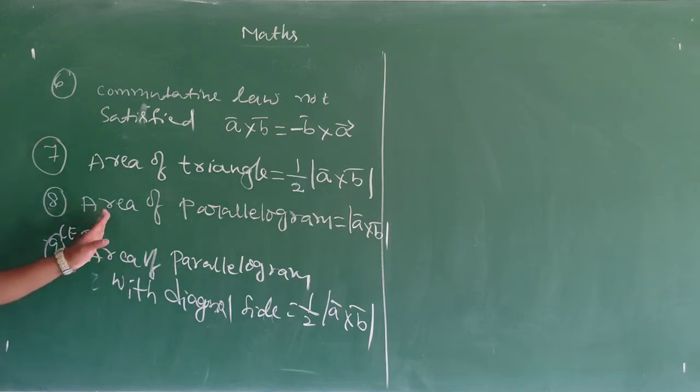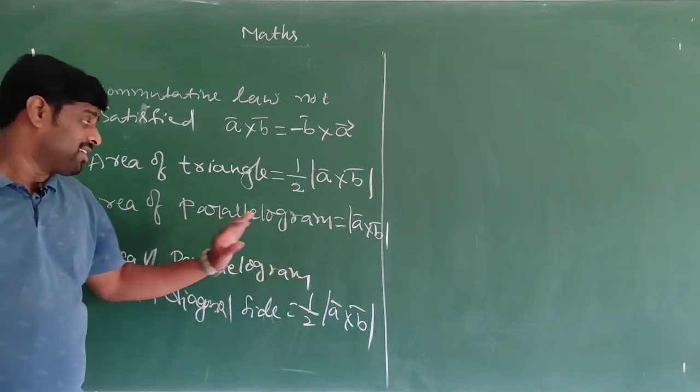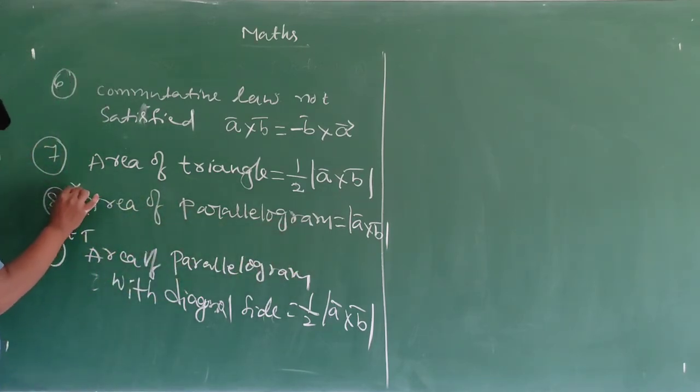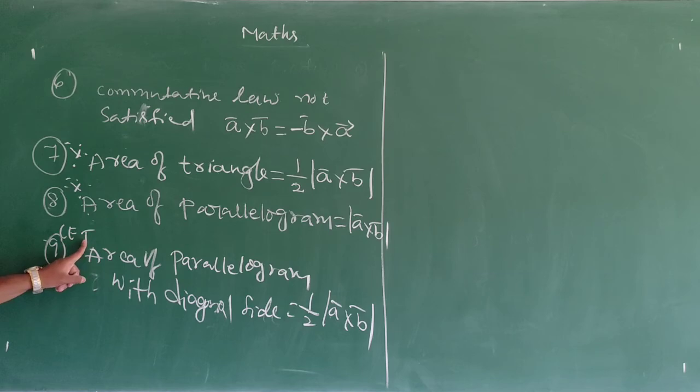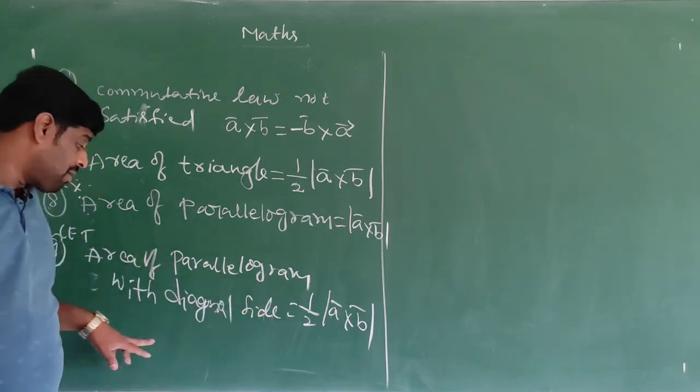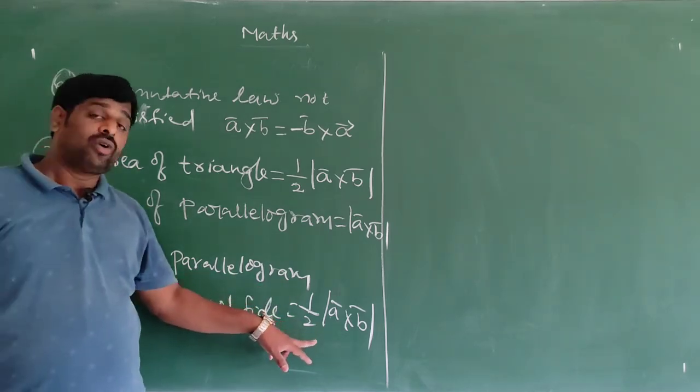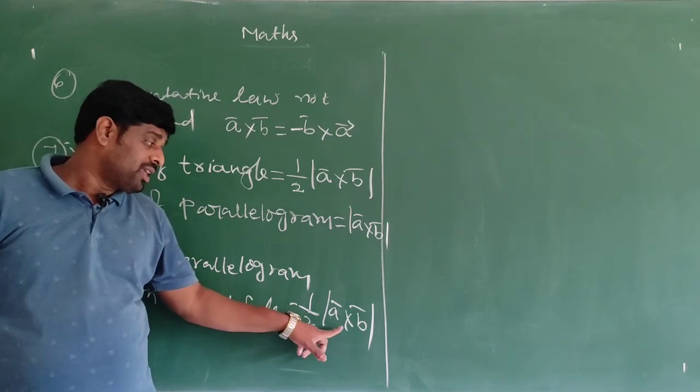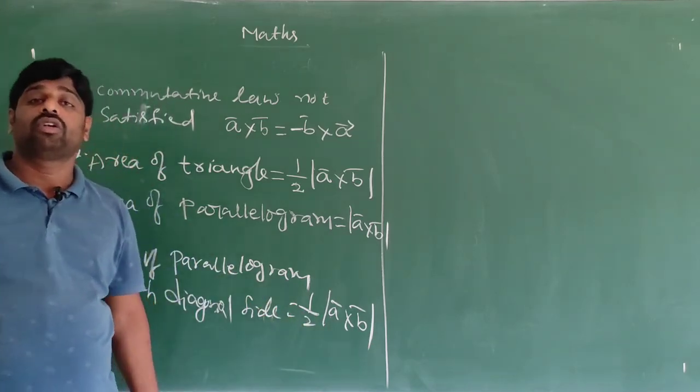That is the area of a parallelogram with adjacent sides, which is for PU, for 3 marks and 2 marks questions. This is for CET. Area of a parallelogram with diagonal sides is 1 by 2 magnitude of A bar cross B bar. Don't confuse.